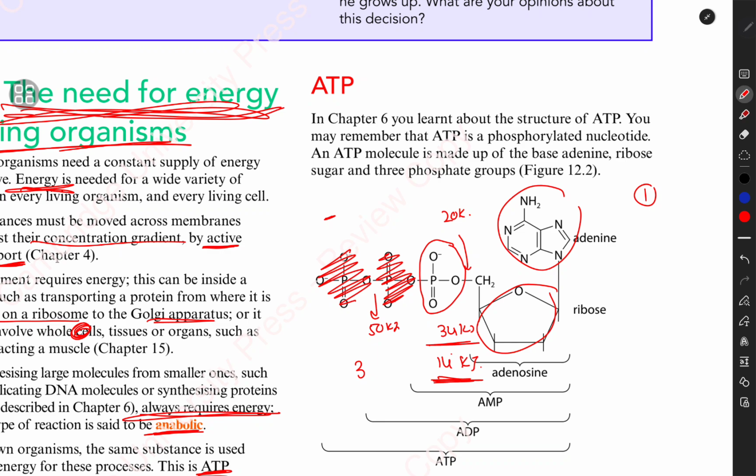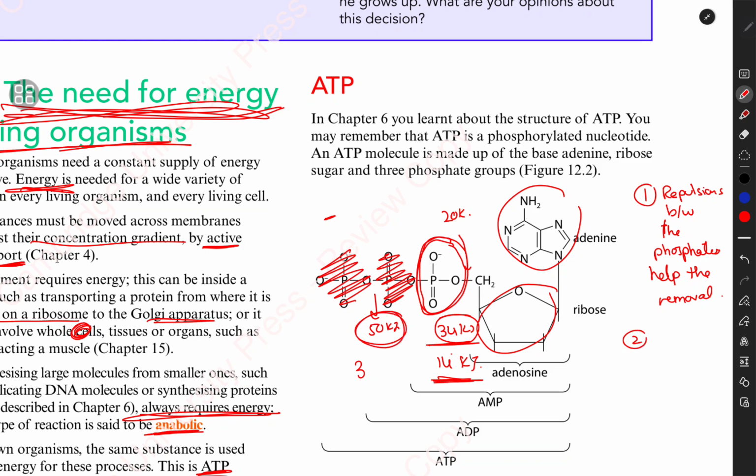So the first reason is that the repulsions between the phosphates help the removal. At the last one we have no repulsions, so it wants to stay here, and if we still remove it, it's not happy and gives us just a little bit of energy, not the maximum 50 kilojoules.